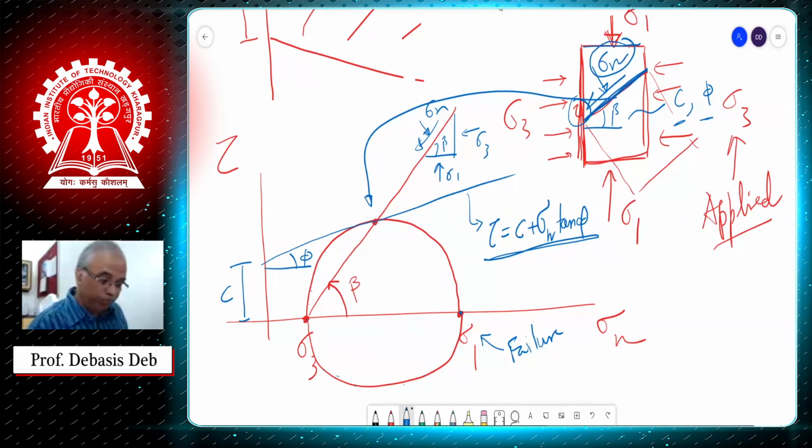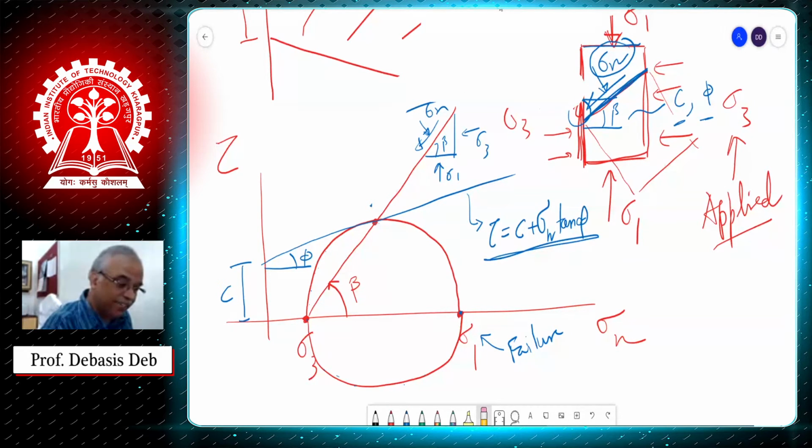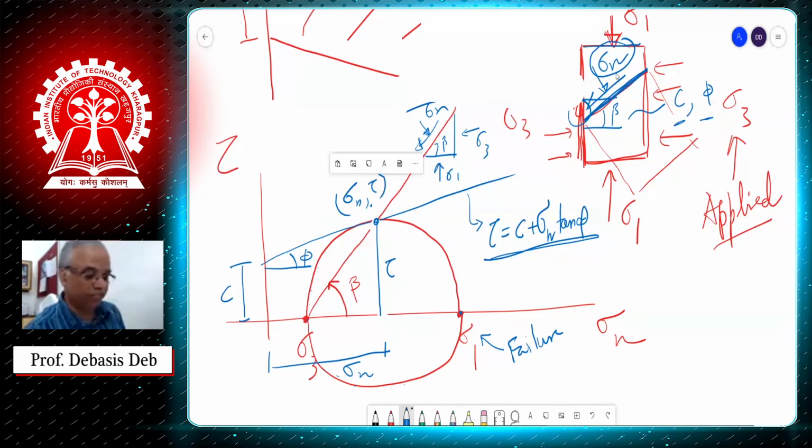So now, if this is the case, this is my tau, and from here to here is my sigma n, right? Because this point is my sigma n, tau point. Okay, so far clear, I hope.